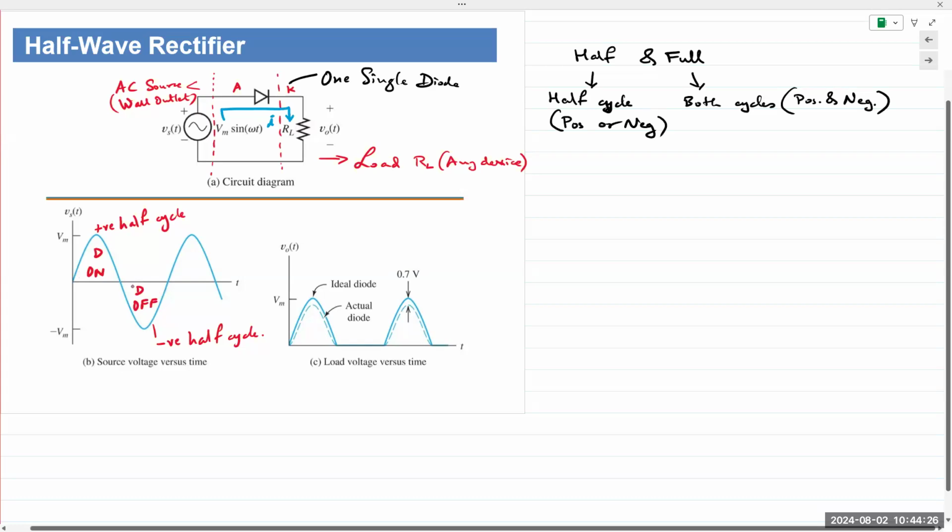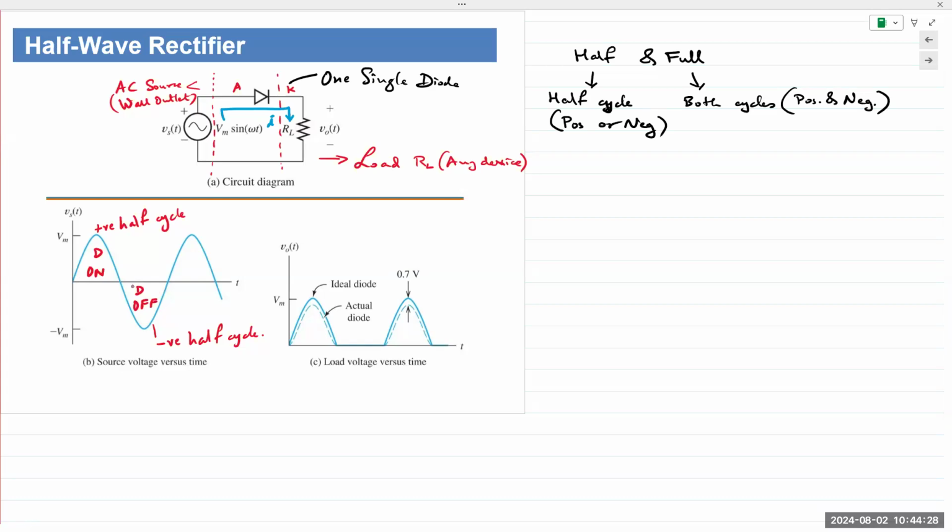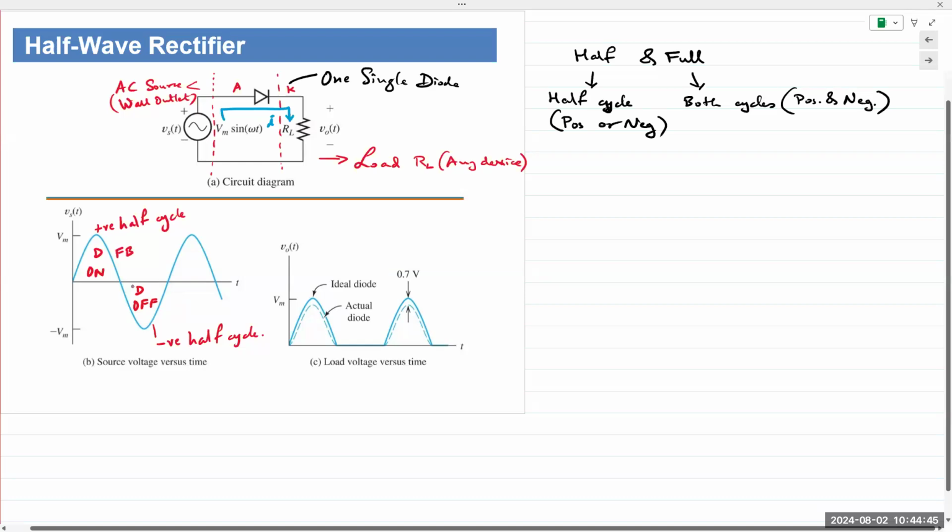It's now going in the negative direction. So the anode of the diode is lower than the cathode, which means it is reverse biased. Here it is forward biased. Here it is reverse biased.